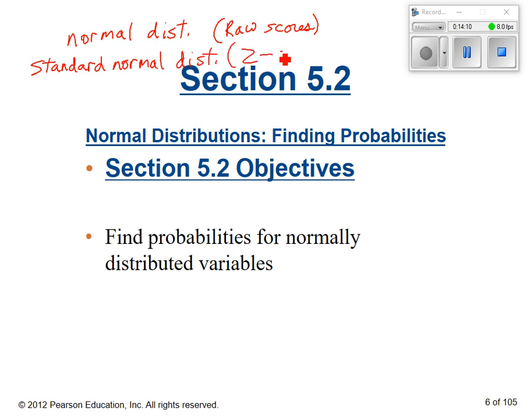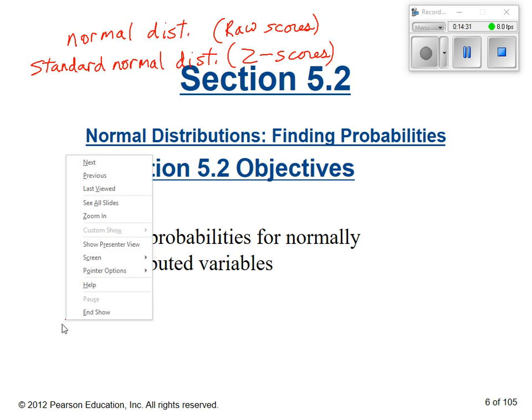That's when you're using z-scores. So you have normal distributions. That's where we're just using whatever the numbers are that we collected from the data. Then the standard normal is when we change them to something that's standard to look at. So you got to be able to distinguish between those two, raw scores and z-scores.